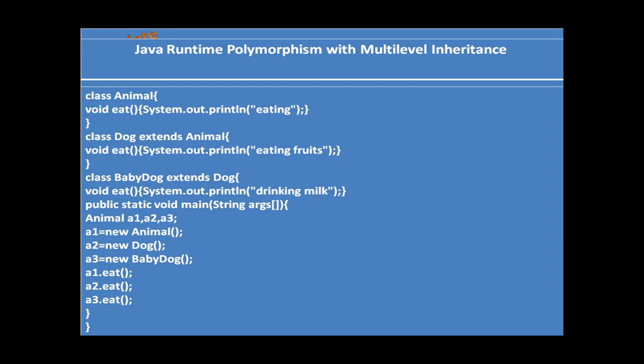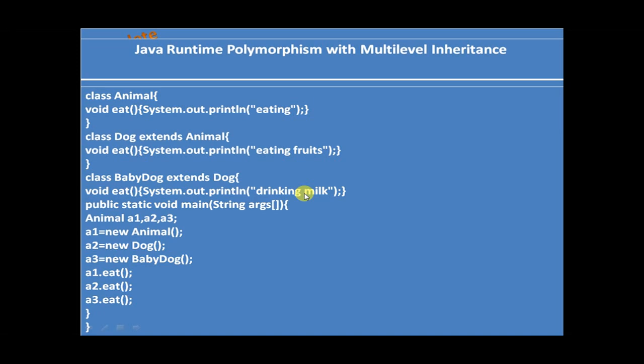In a1 you are passing the animal type of object, so the animal class method will be executed. For a2 you are passing the dog class object, so the dog's eat method, eating fruits, will be executed. For the baby dog, its own method will be executed.